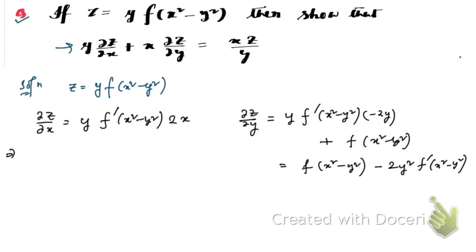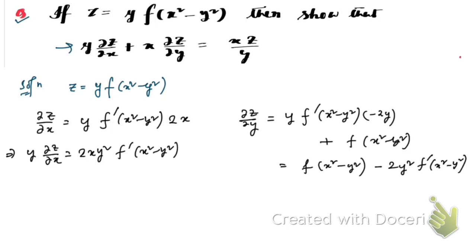Now here you see, as we need y into this, let's multiply y on both sides. Then we get y into del z by del x, and twice x into y, then again y, that's going to be 2xy square f dash of x square minus y square, right?